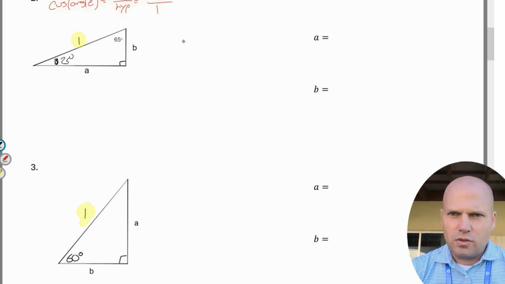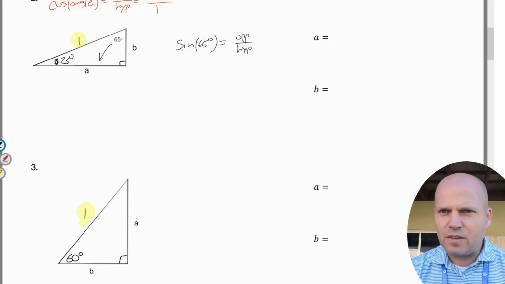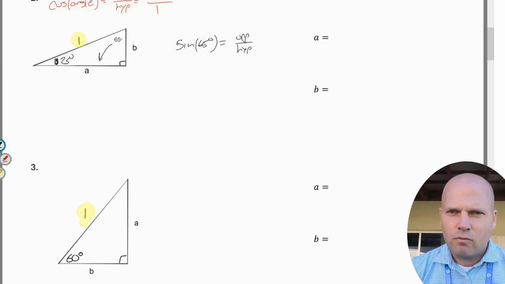And you could do the sine of 65, and that's going to be the opposite over the hypotenuse. Well, opposite of 65 is A. Realize that that's the same as the cosine of 25, which would be the adjacent over the hypotenuse.